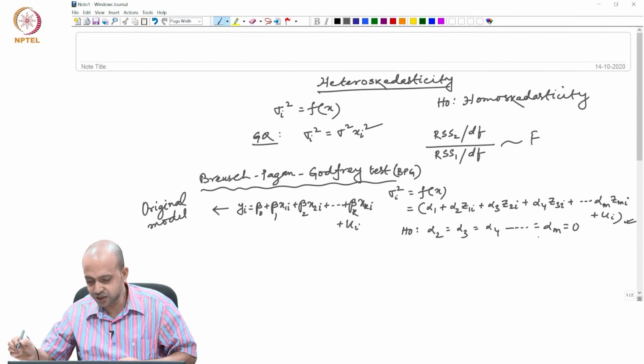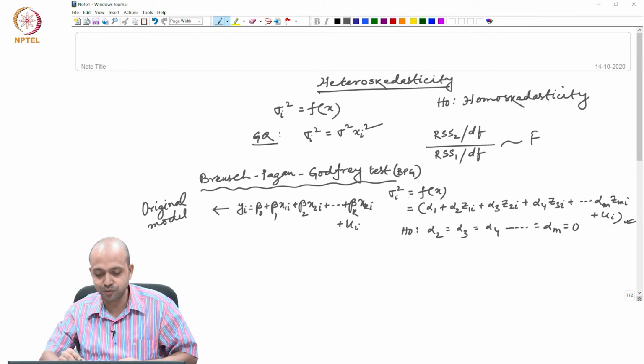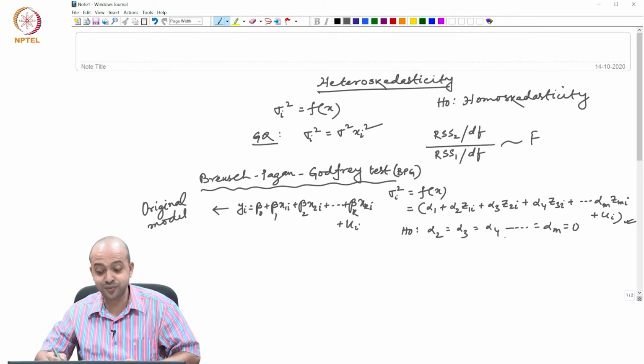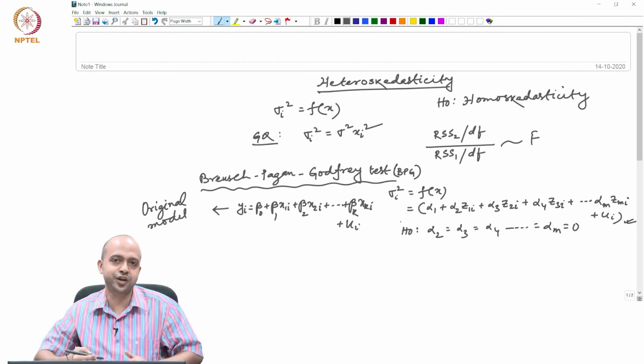If this is rejected, that means all these parameters are actually not equal to 0, that means sigma square I has something to do with the explanatory variable. But if it is not rejected, that means these are all 0, sigma square I equals only alpha, you have constant error variance.